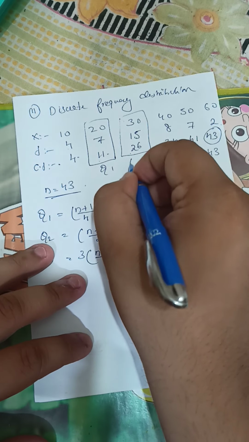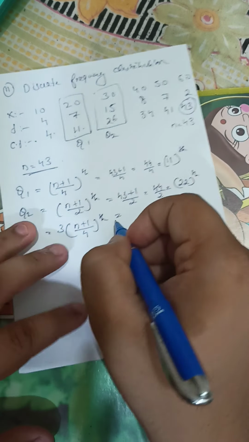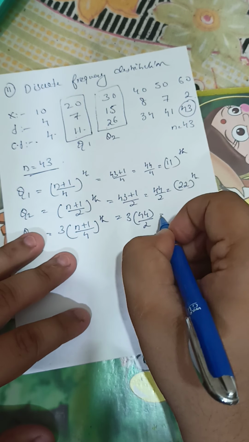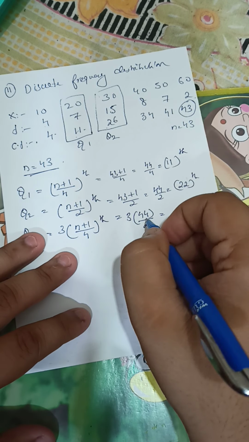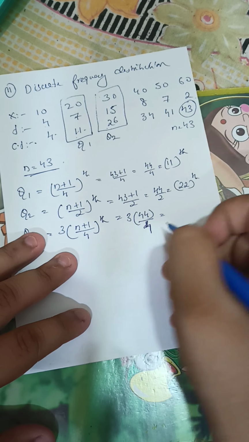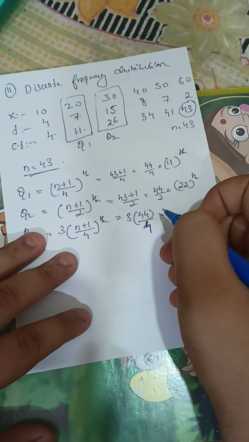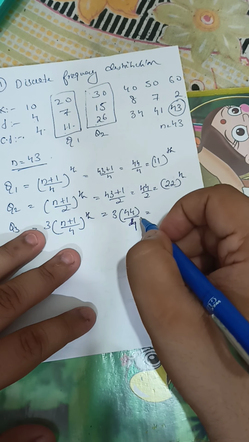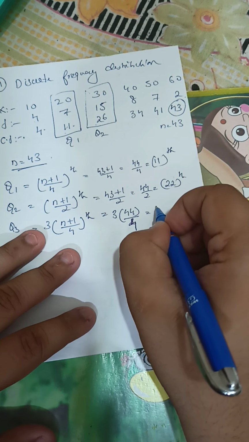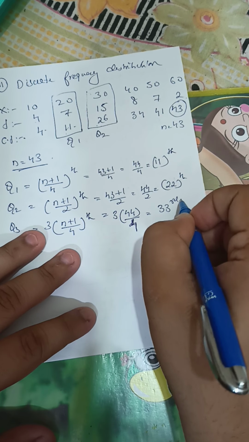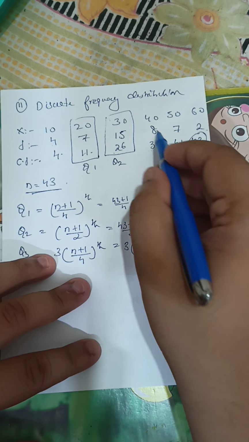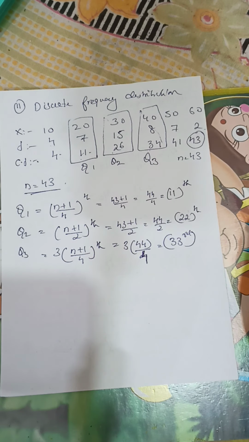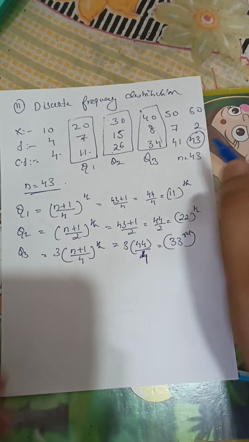Here it is Q1, here it is Q2, and for Q3 it is 3 into 44 divided by 4, which is the 33rd item. The 33rd item falls in this region, so it is Q3. So Q1, Q2, Q3 have been obtained.